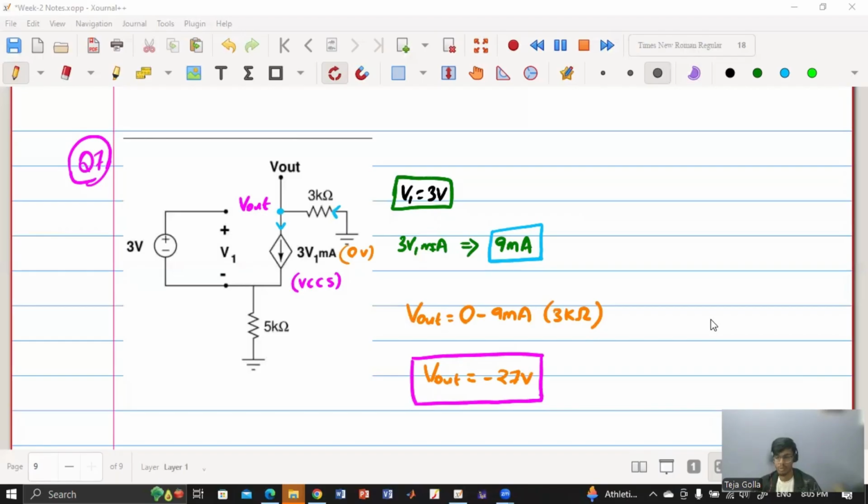You have to know where to apply KCL and where to apply KVL, and they are pretty straightforward. All these questions are very simple. You just have to understand how to apply KVL and KCL properly. You should be very careful with the polarities, plus symbol and minus symbol. If you mess that up, then you will get a wrong answer. So it is very straightforward.